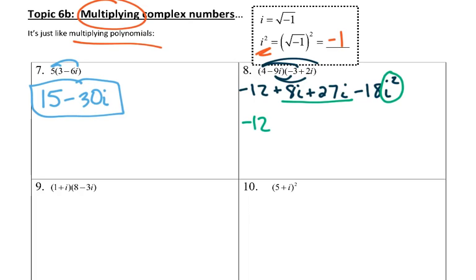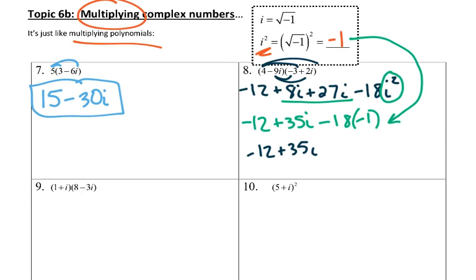So the negative 12 is normal plus 35i from the middle, but this negative 18i squared is really negative 18 times negative 1 because i squared is negative 1. So now we can actually combine it further, and we'll get negative 12 plus 35i plus 18, where we have some more like terms. So that's going to give us a 6 plus 35i.